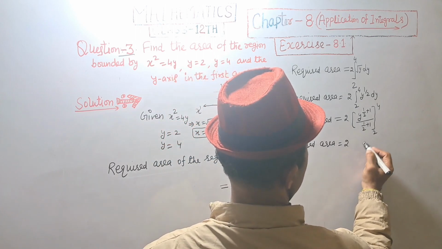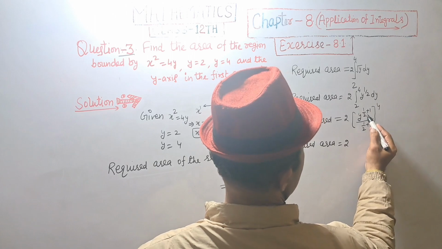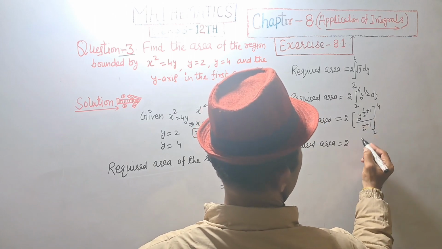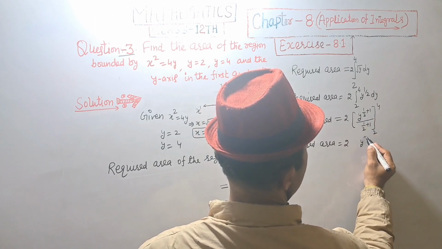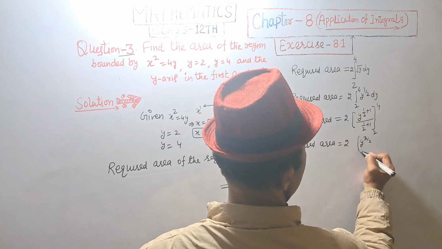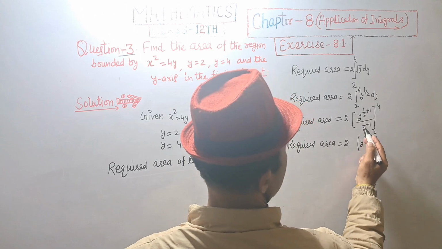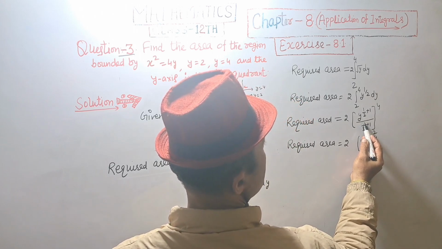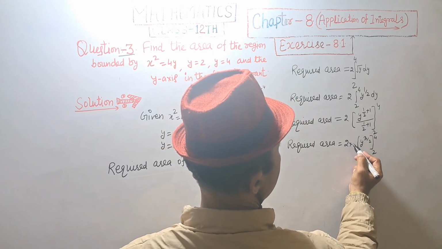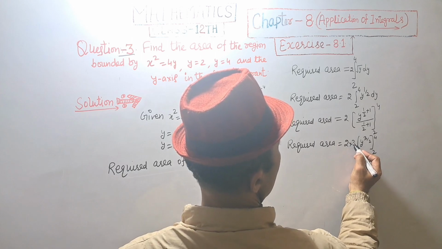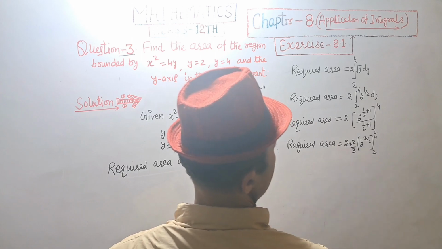Required area is 2 into y raised to power 3 upon 2 over 3 upon 2, and limit lies between 2 to 4. 1 by 2 plus 1 is 3 upon 2, and this can be written as 2 upon 3.